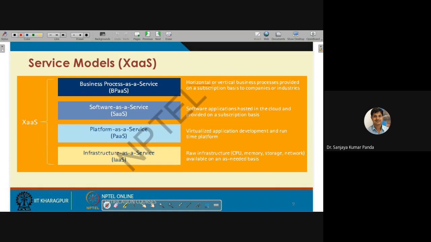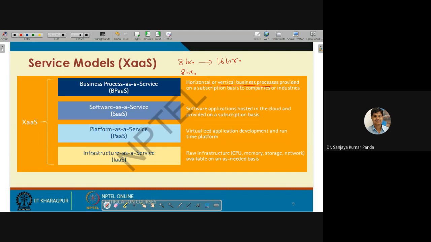You are going for horizontal or vertical business process, provided on a subscription basis to companies or industries. You have to take a decision. If a person is working 8 hours for a company, should I increase it to 16 hours or should I hire another person who will work for 8 hours? So that is also our horizontal or vertical business process.